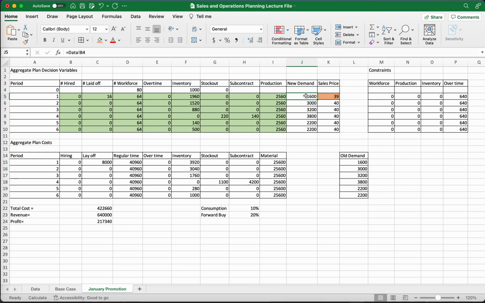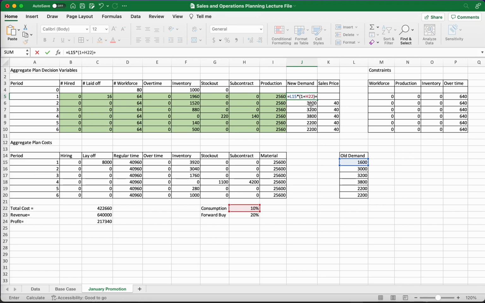So the new demand in January is going to be the old demand with a 10% increase in it. So I'm going to increase that by 10%, so plus 10%, right?